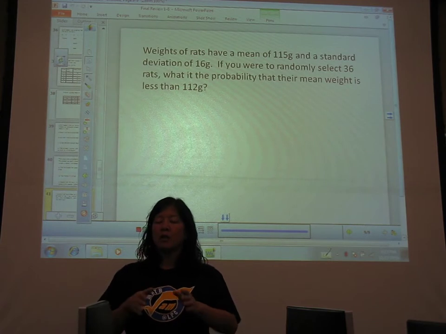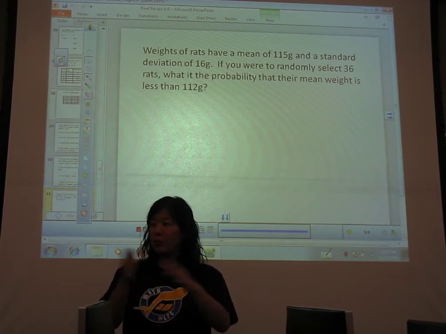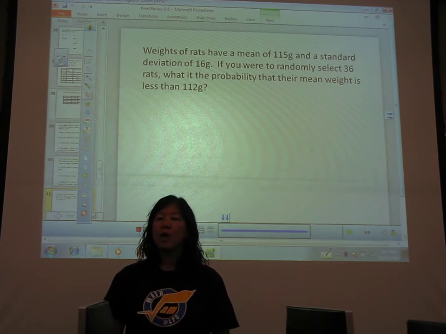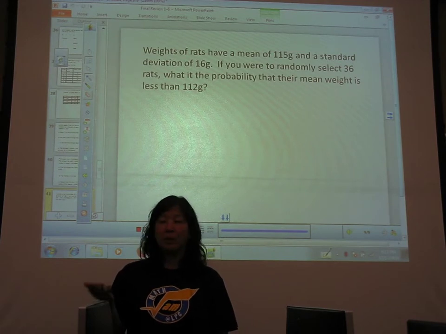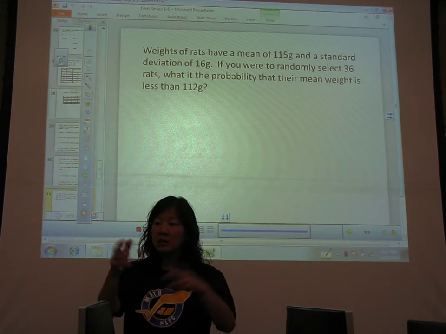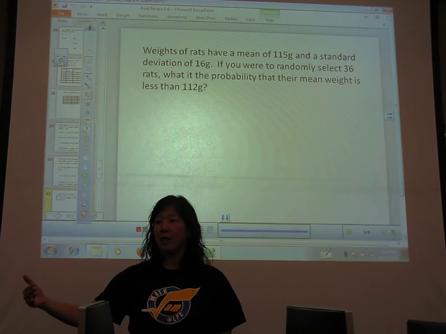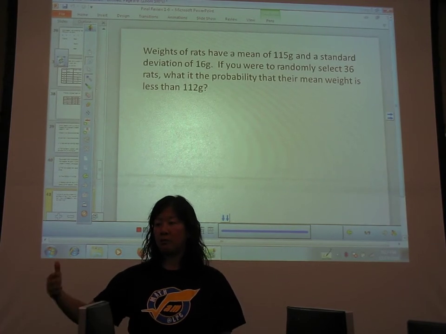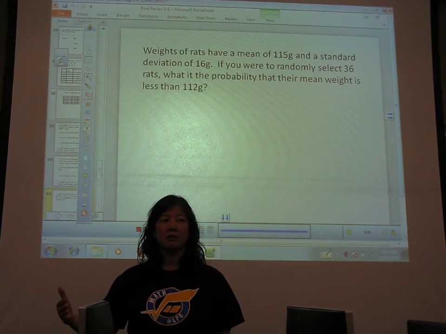What's the probability that you pick a puppy and it weighs 11 pounds? It could happen. But if I pick 36 of these puppies and average their weights, I'm not going to get an average of 11 pounds. They're not all going to be big dogs. Does that make more sense?